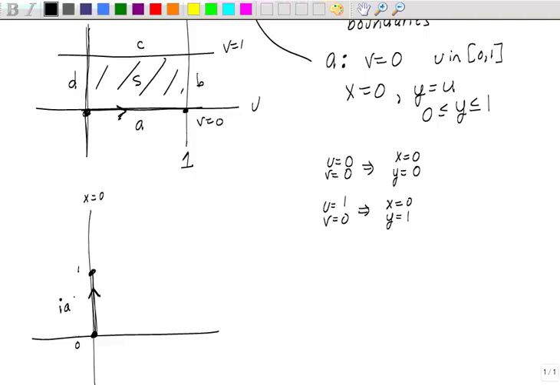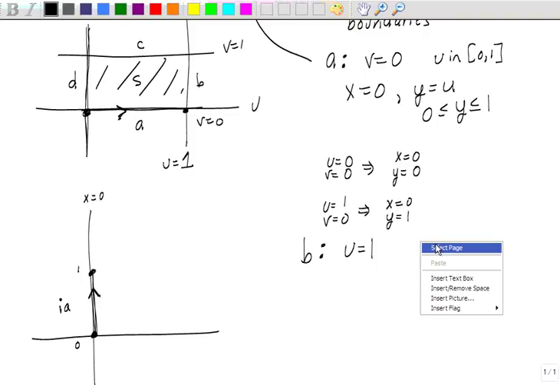Let's call it IA. Now B. For B, we have u equal to 1 as the boundary for v in 0, 1.